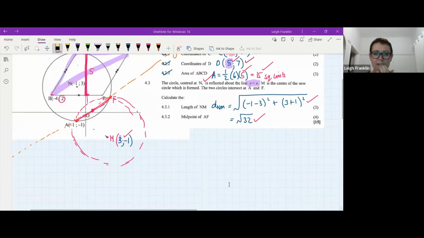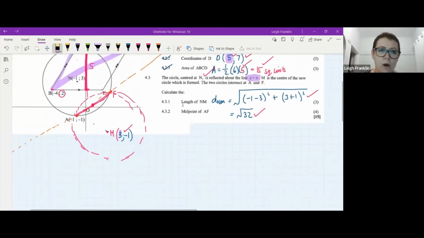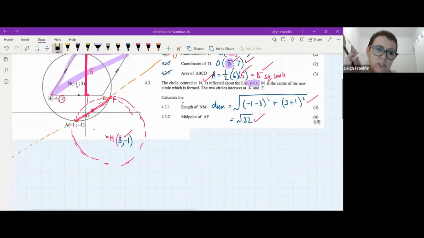Do you know what I think we're going to have to do here, yes, Neo, this is what I'm thinking. This is my thoughts on this particular problem. I don't think that we've got enough information to be able to calculate the coordinates at F. Also, they've given us an important piece of information here. They've told us that it's reflected about the line y equals x.